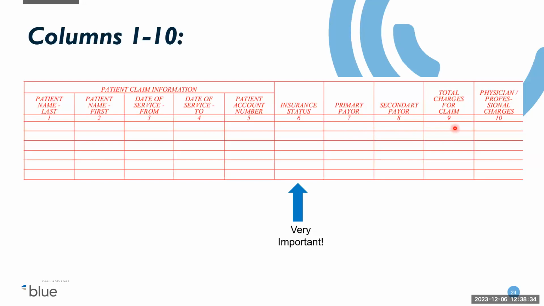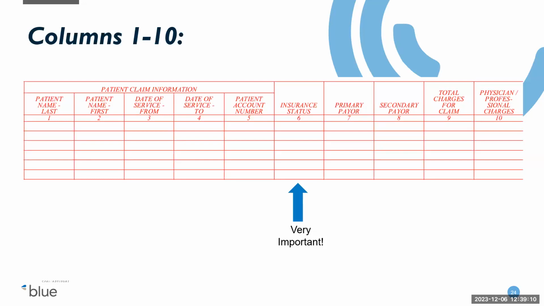And then, obviously over to the right, primary payer, secondary payer. If there is a secondary insurance, you would put it there. Total charges. This is total hospital charges. If the pro fees and the hospital charges are in the same system, we want to make sure that we're reporting the hospital charges and pro fee charges separately. The way the instructions are written is really weird. In column 9, they say report hospital charges only, excluding professional fees.